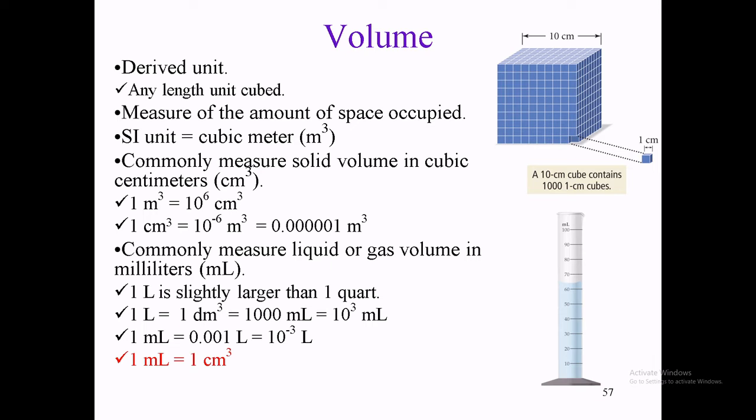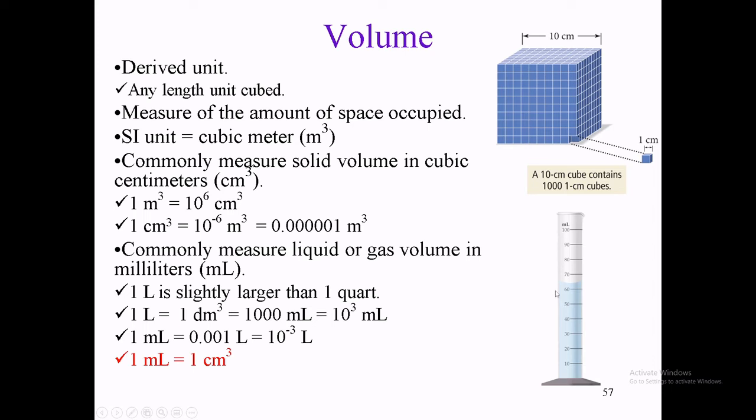Another important thing to understand is that a cubic centimeter is the exact same unit as a milliliter. So 1 milliliter is equal to 1 cubic centimeter. You may also see a cubic centimeter written as cc. A lot of times they use that in medicine. You may watch a movie where they say, give me 10 cc's of this medication. They're talking about cubic centimeters or milliliters.